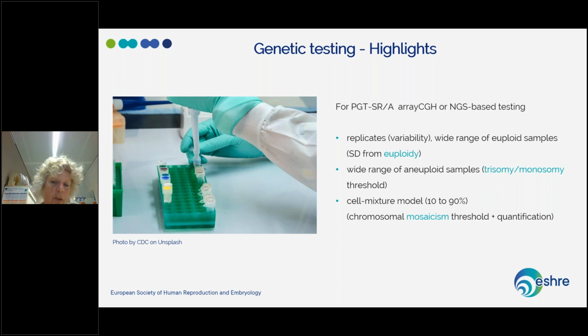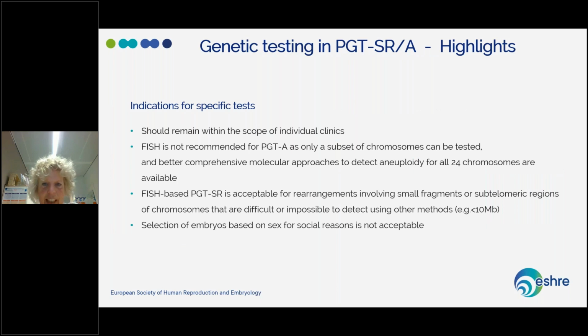It's also important to test a wide range of aneuploid samples to likewise get an idea of trisomy and monosomy thresholds. And if you are planning to report on embryo mosaicism, then you should also include in your validations a cell mixture model where you test different percentages of mosaic cell lines in order to set your chromosomal mosaicism threshold. If I can have the next.